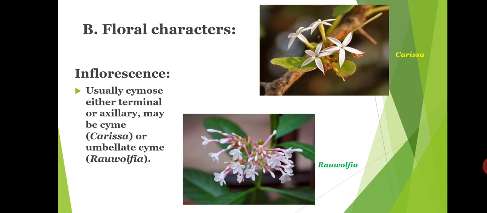And in Allamanda, that is Manja Kolambi, the flowers are arranged in axillary paniculate cymes. And in Plumeria, that is Chambagam, in terminal cymes. Here in Carissa it is a cyme, and more specifically we can categorize it as corymbose cymes, because all the flowers appear to be of equal length.